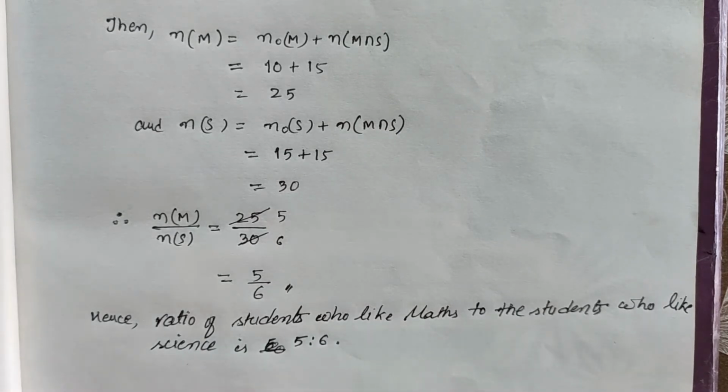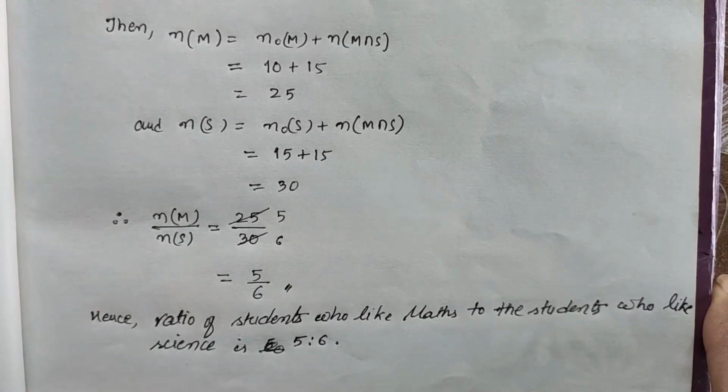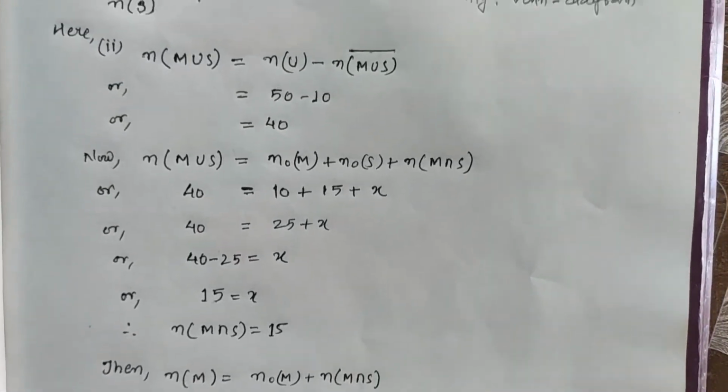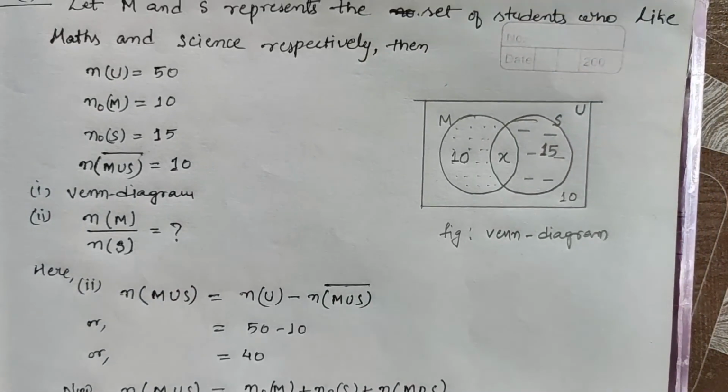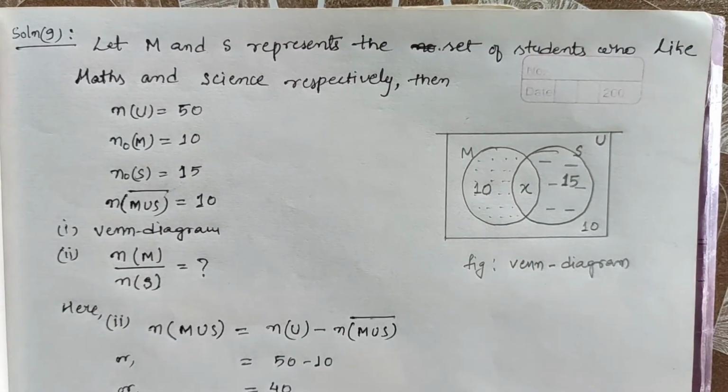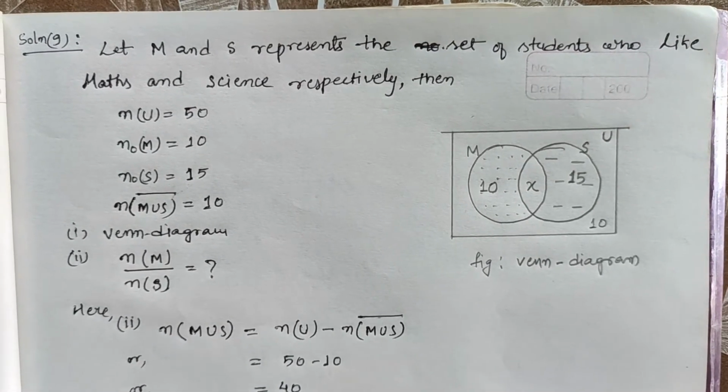Okay, so this is the ratio for students who like math to science. I hope you understand this ratio question, how to find the ratio. So this is question number 9 we have solved. I hope you understand. So let's move on to question number 10.